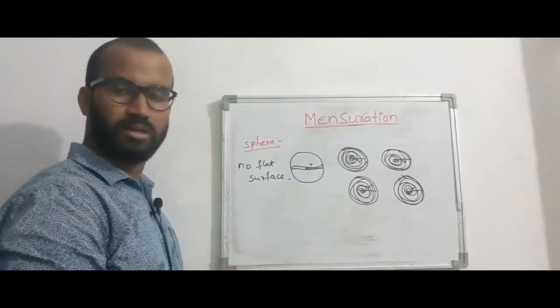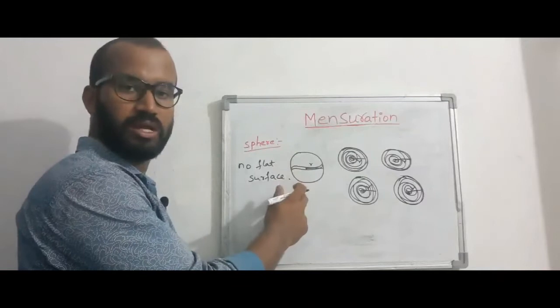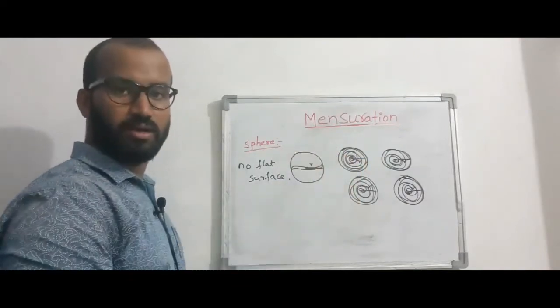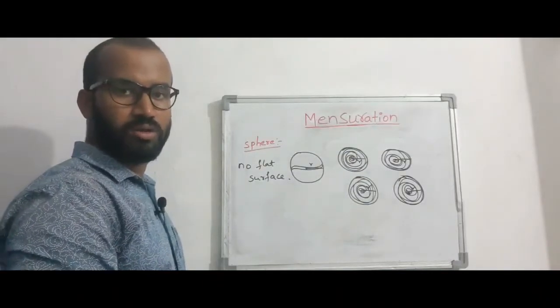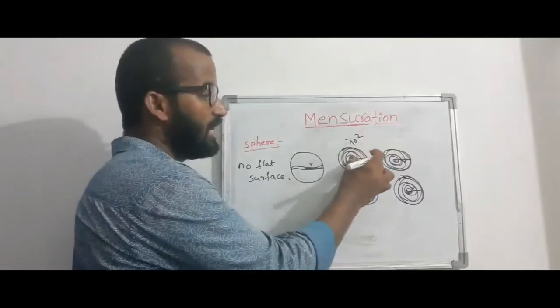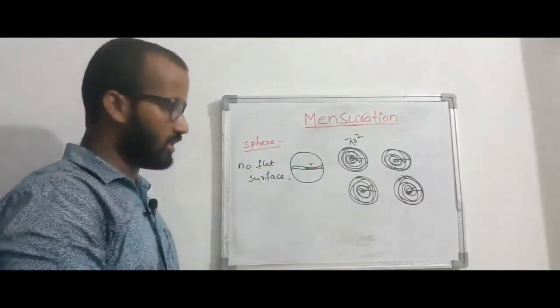So what does it mean? Total surface area of this sphere is equal to 4 circle area. Okay, what is circle area here? Pi r square. Radius of the circle and radius of the sphere should be the same. That is the condition here.